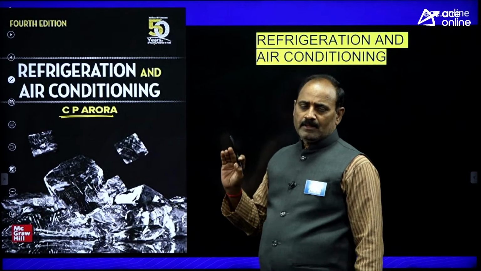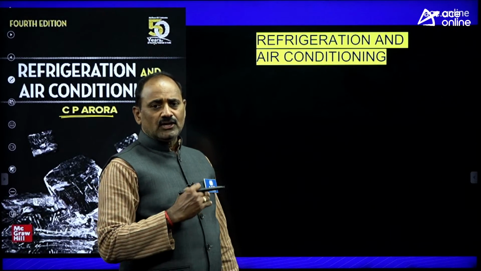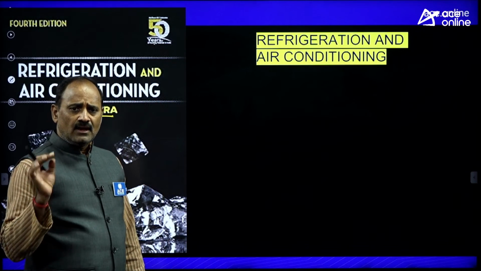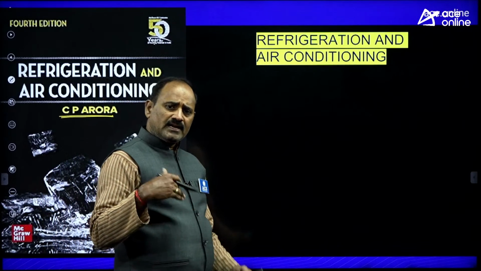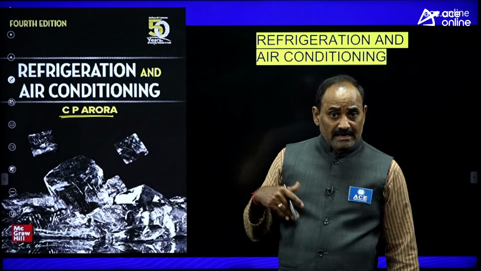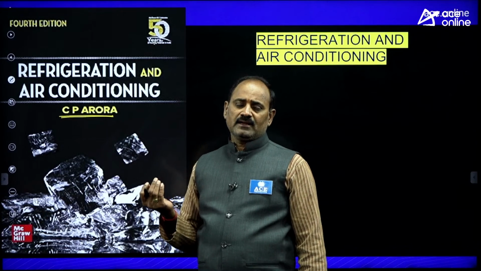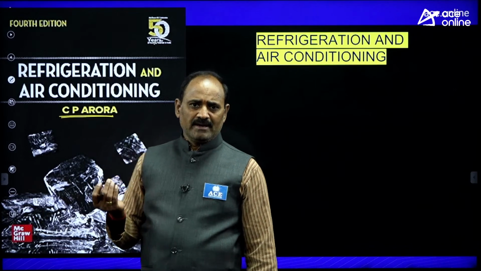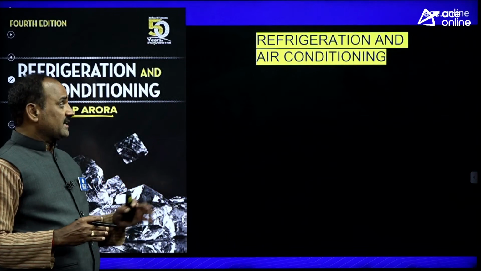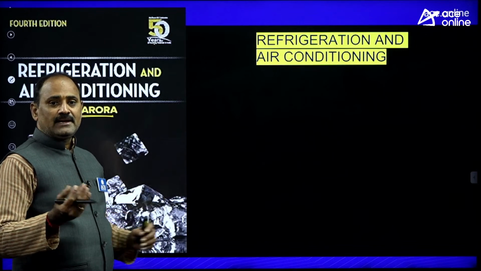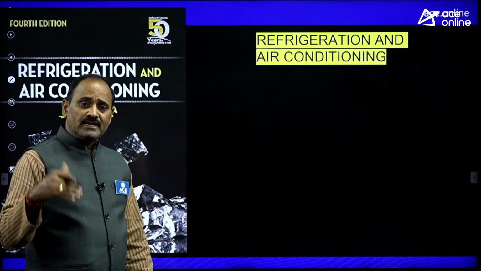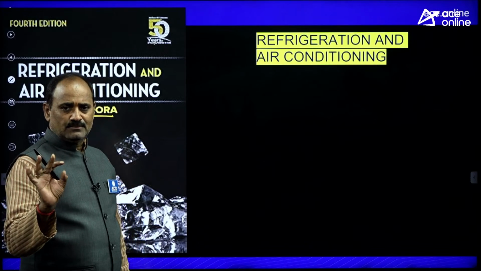Under this, you need to practice all refrigeration systems like aircraft refrigeration, vapor absorption refrigeration, cascade refrigeration, thermoelectric refrigeration, refrigeration equipments like compressor, condenser, expander, evaporator, capillary tube. Then you need to practice refrigerants, steam jet refrigeration. These are all the additional topics from the refrigeration which are required only from the ESE exam point of view.